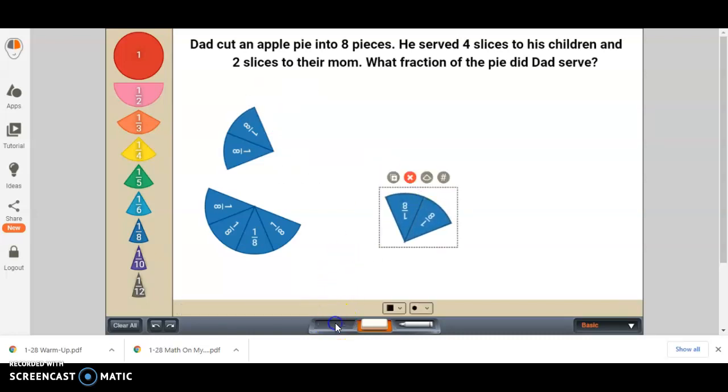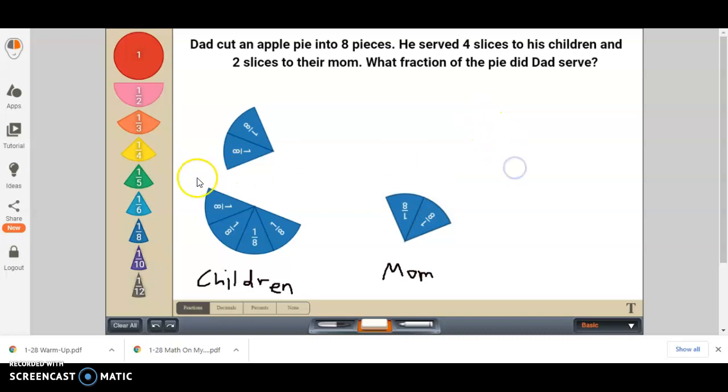We have children. We have mom. Now the question is, what fraction of the pie did Dad serve?